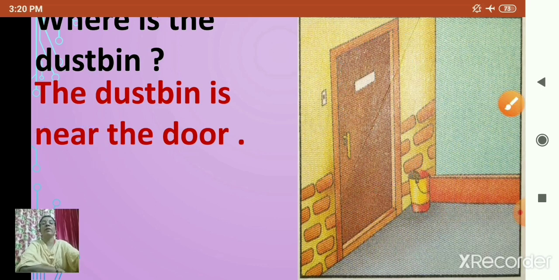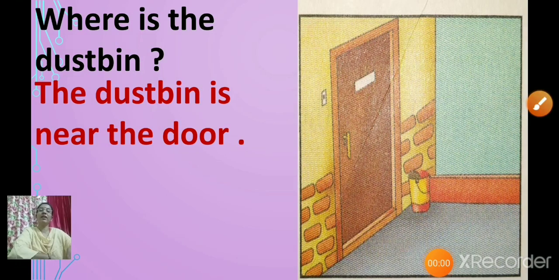Understood, children? So children, now you all know when to use these words: in, on, under, behind, beside, in front of, and near, by observing the picture.